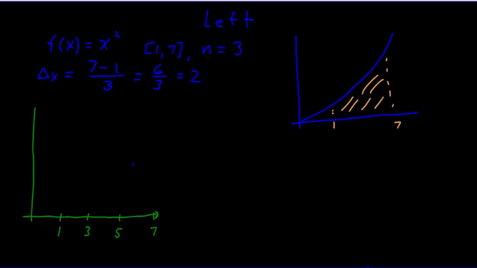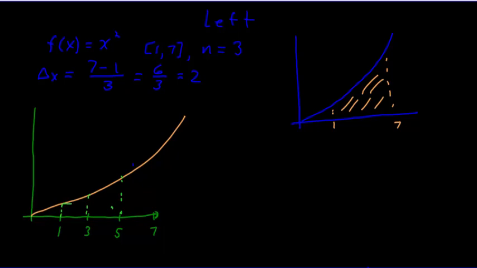And then I will go ahead and do a rough sketch of the parabola. So we're going to do a left sum. Here's what happens. We come up here, we go to each one of these, and we make our rectangle. See, I go to 5. So there's our 3 rectangles.